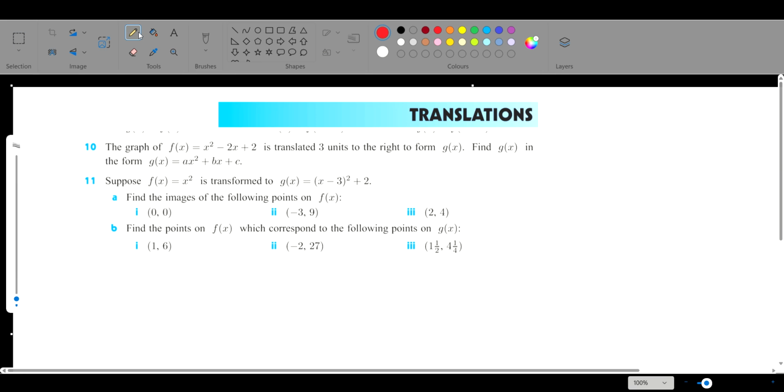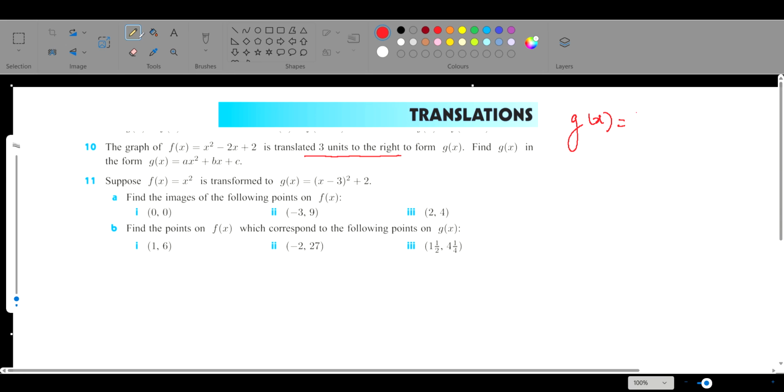Number 10. The graph of f(x) is given to us, that is the quadratic function x square minus 2x plus 2, is translated 3 units to the right to form g(x). Now you need to create that function g(x), right? So how does g(x) form? By translation of 3 units to the right.